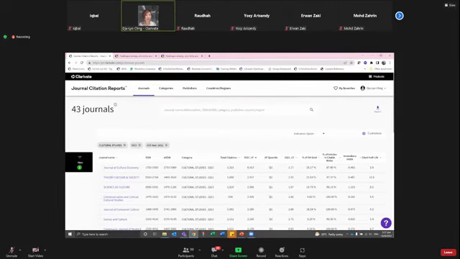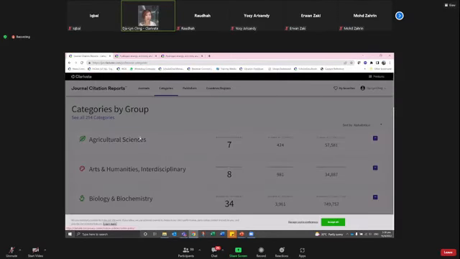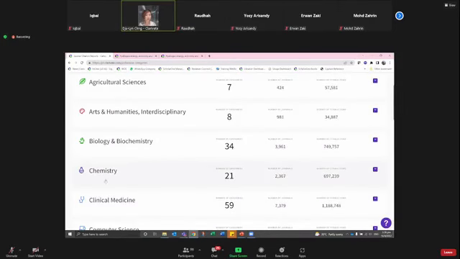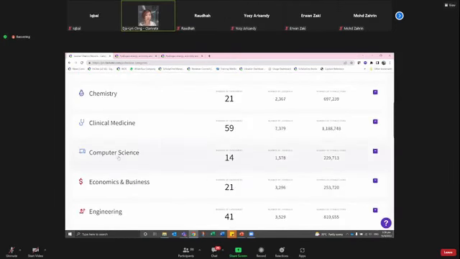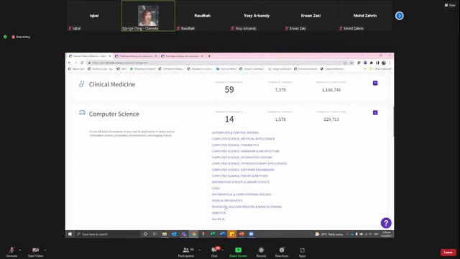Now, okay. So this is an example for cultural studies, social sciences. If you want to choose a separate category, say in engineering, we can go to categories. And you can see computer science, for example. Then you have all these different 14 categories.